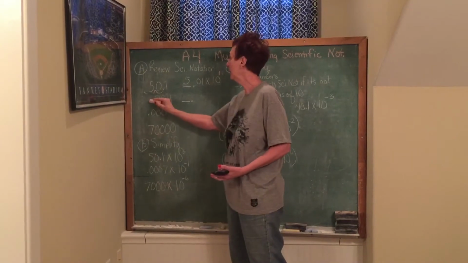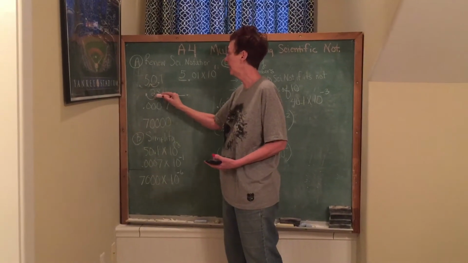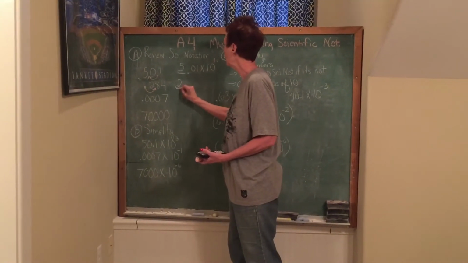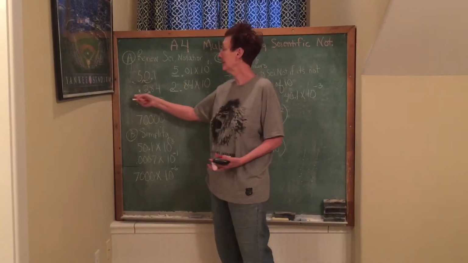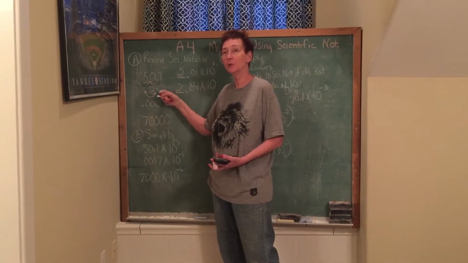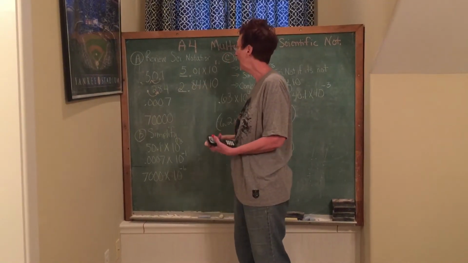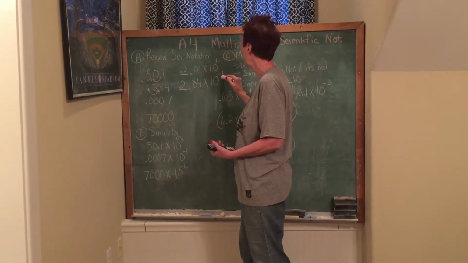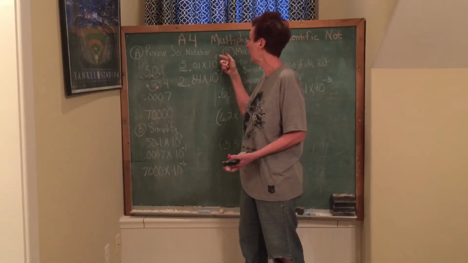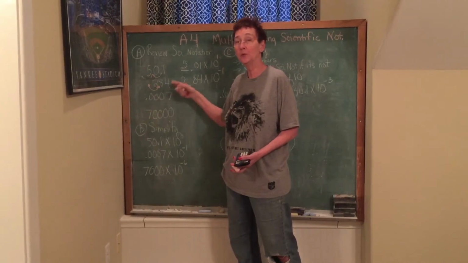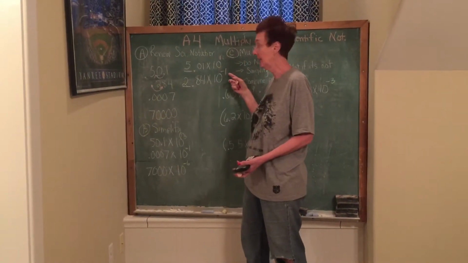So now I'm going to move the decimal point this way and make it 2.84. But because I moved it to where the decimals are, instead of it being a positive 1, it would now be a negative 1. So if you move it to where the whole numbers are, remember your exponent's positive. If you moved it backwards, then your exponent's negative.